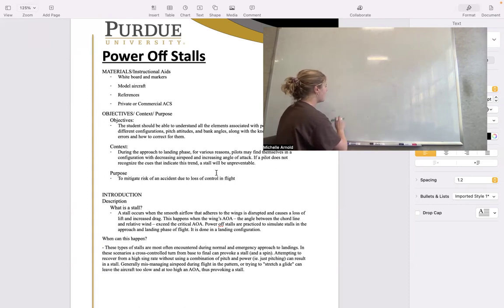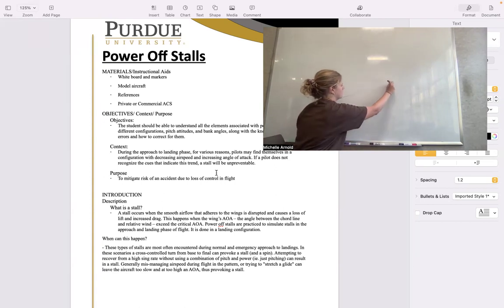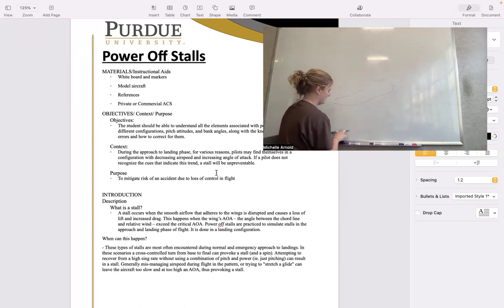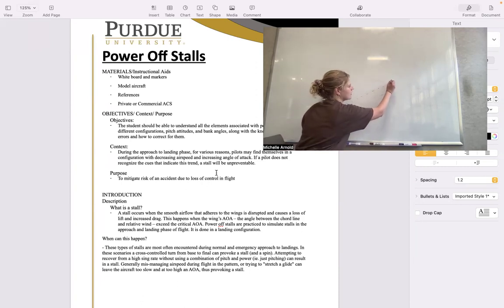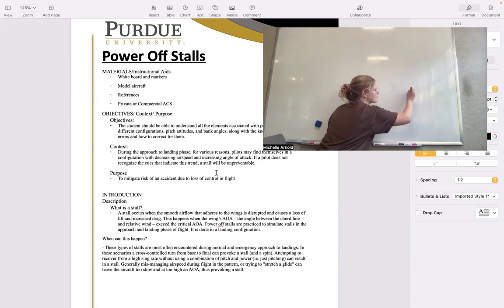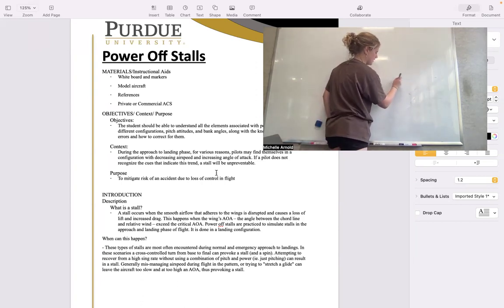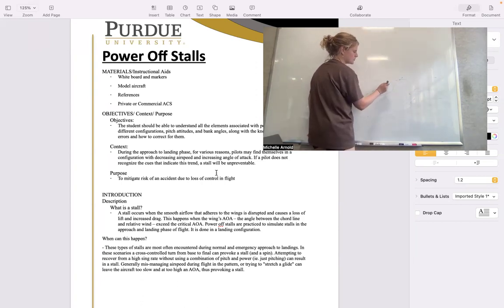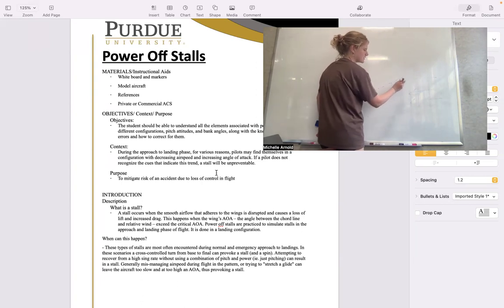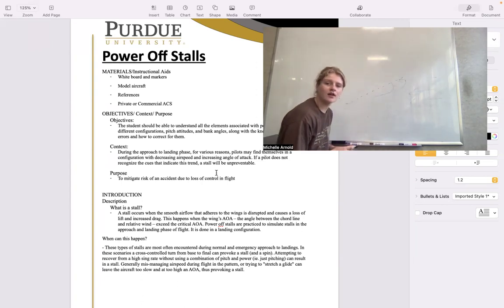Now, when we pitch up, oh, that's really bad. Hold on. When we're pitched up, here's our chord line. And the relative wind remains the same. So now, here's the relative wind again. Now our angle between the chord line and the relative wind is going to be this angle right here.